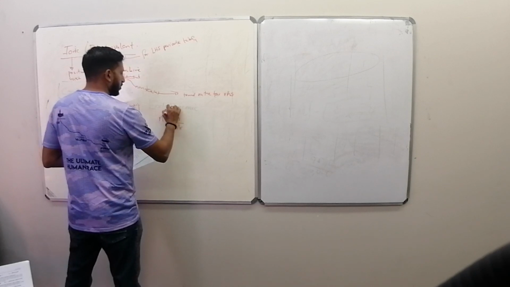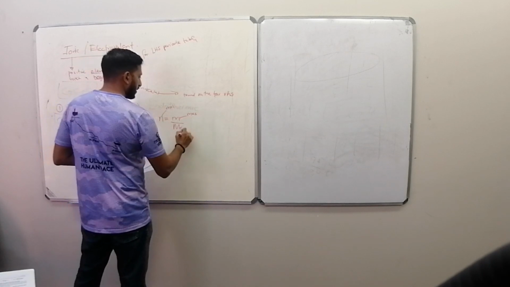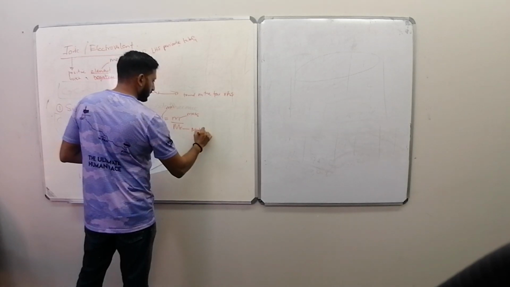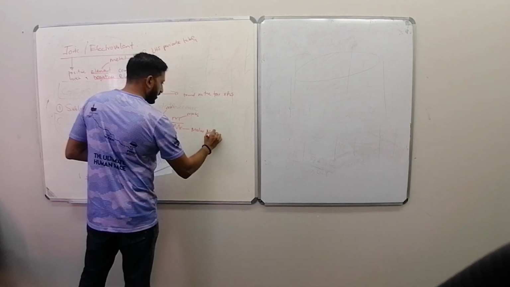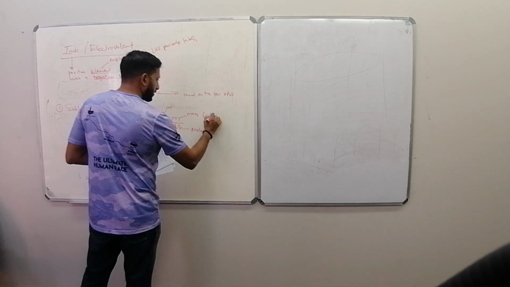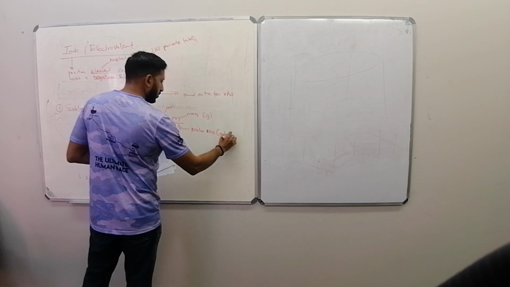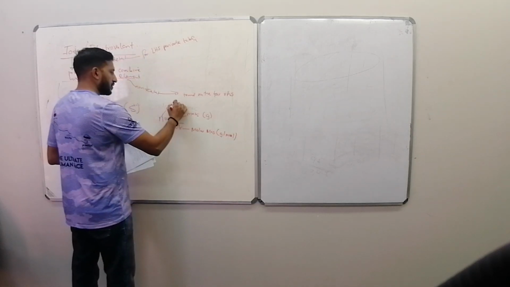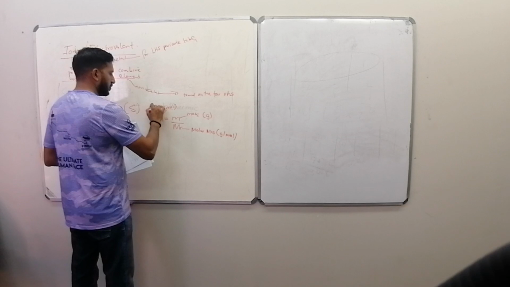This here is your mole, this is your mass, and this is your molar mass. The molar mass is measured in grams per mole, and this is measured in moles. That's it.